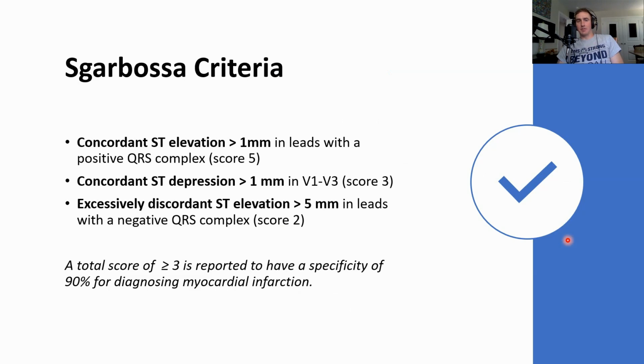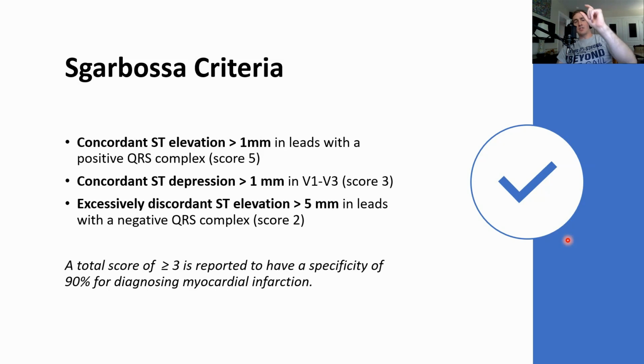So the criteria is concordant ST elevation. If the QRS is positive and the ST segment is positive, that gives you a score of 5. Concordant depression in V1 through V3: in a left bundle, the QRS is negative in V1 through V3, so if you have ST segment depression when you should have ST segment elevation, that gives you a score of 3.